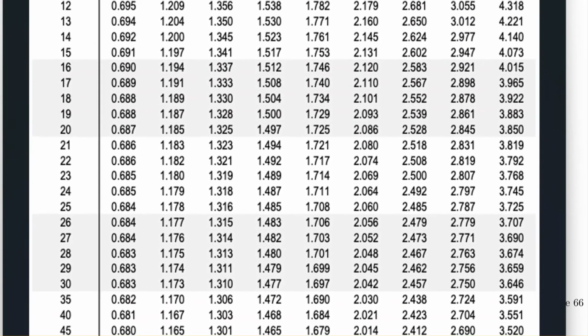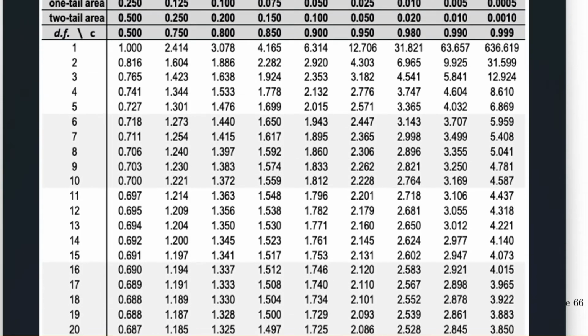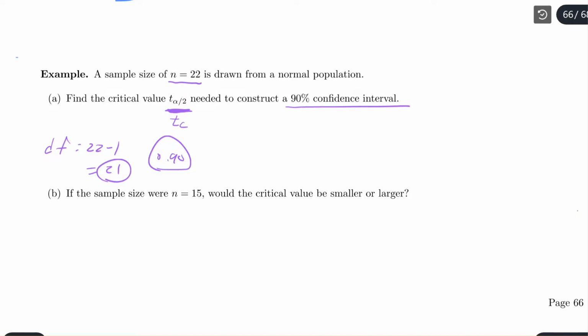It was 21 right here, and 0.90 is this one right here, so it will be 1.721. Let's use a pen, not a highlighter. 1.721 is the critical value.